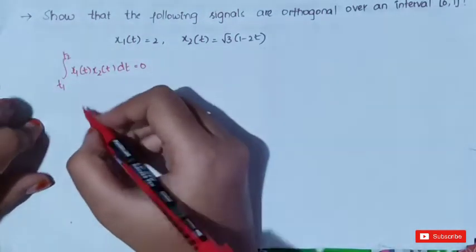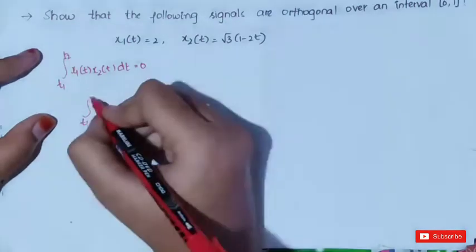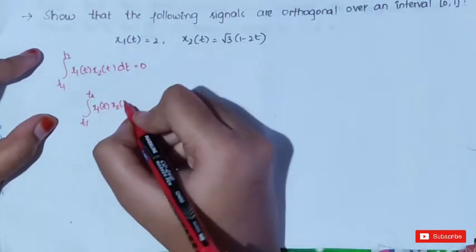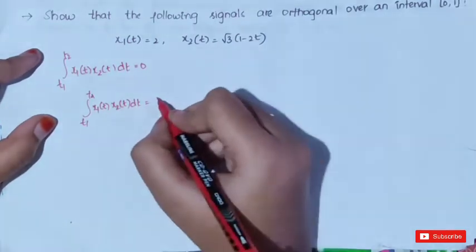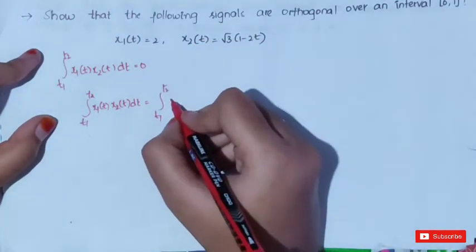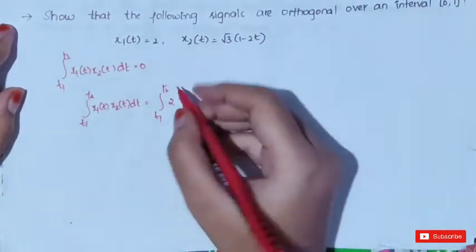So let us equate this. Integral t1 to t2 x1 of t into x2 of t dt is equal to integral t1 to t2. What is x1 of t? 2. What is x2 of t?